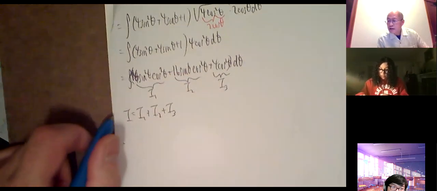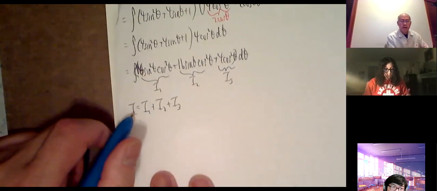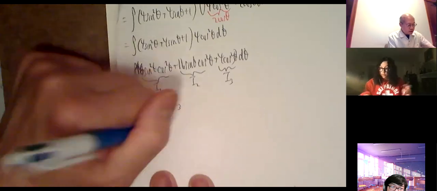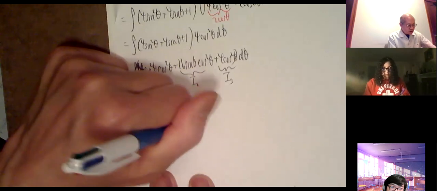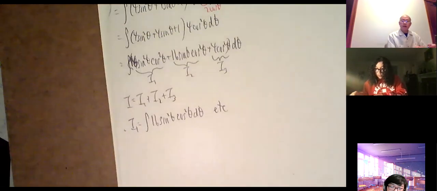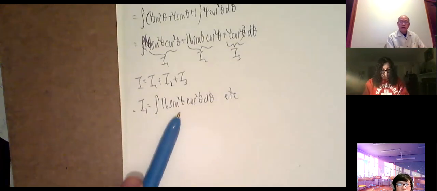And let's see, looking at the way time is going and the questions, I'm probably going to have to just say etc. after a certain point for this one. So I1 is 16 sine squared cosine squared. We've already done this a couple times today, right? So you know what to do for that.